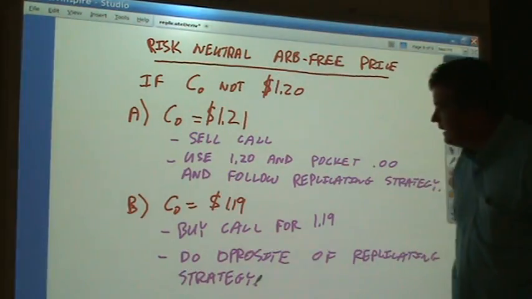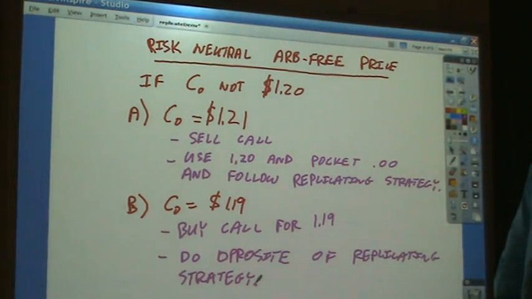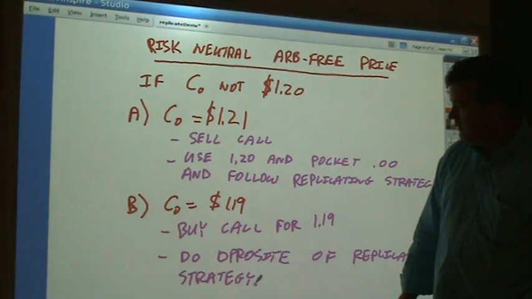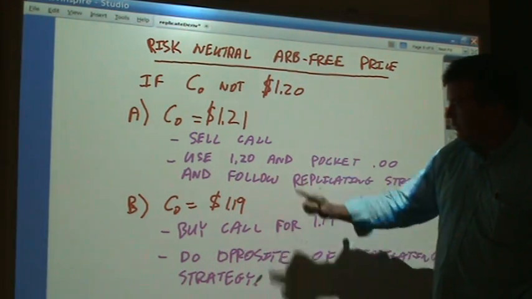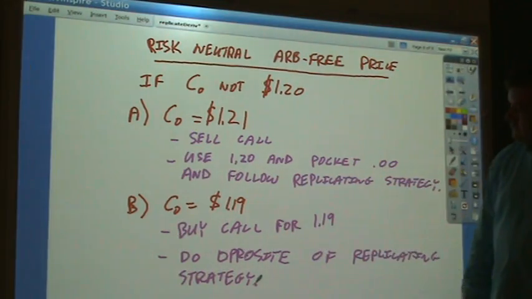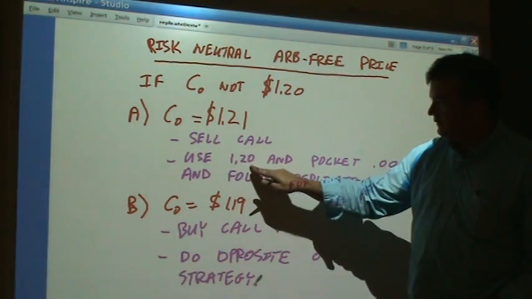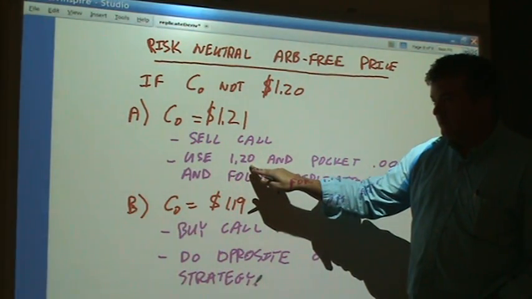And what would the exact opposite of the replicating strategy be? That would be to borrow $1. So what the original strategy was, to take $1.20 of our own and borrow 80.